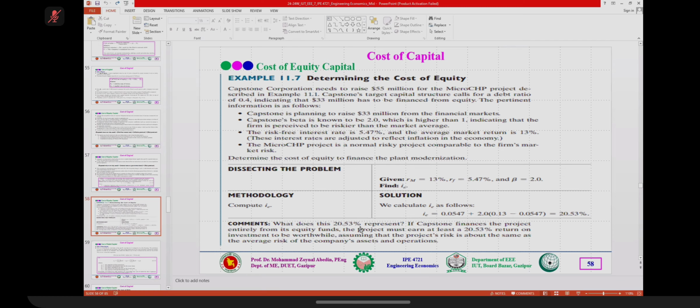What does this 20.53% represent? If Capstone finances the project entirely from its equity funds, the project must earn at least a 20.53% return on the investment to be worthwhile, assuming that the project risk is about the same as the average risk of the company's assets and operations.